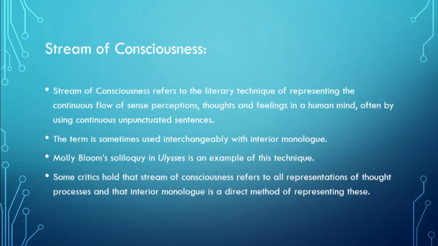So the ideas may not be expressed in a chronological order or in a unified manner. But in the case of interior monologue, it is the direct expression of the character without any help of the author. That means the narration may be in third person.